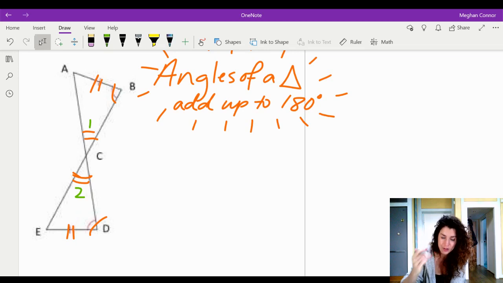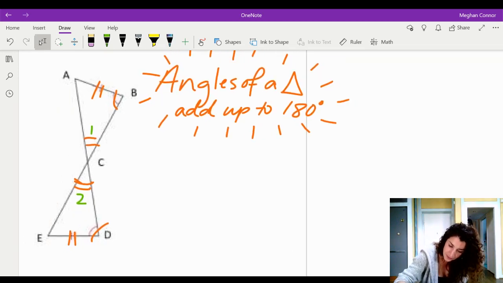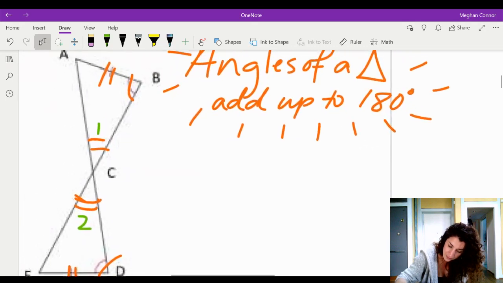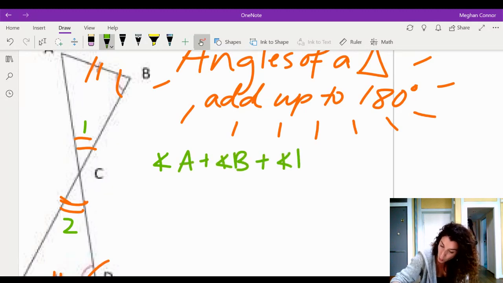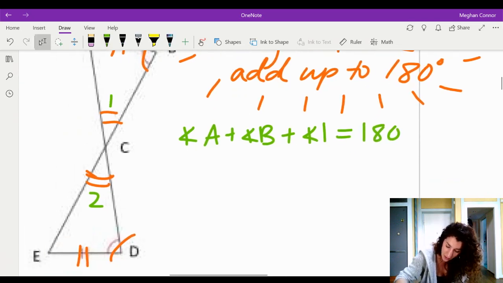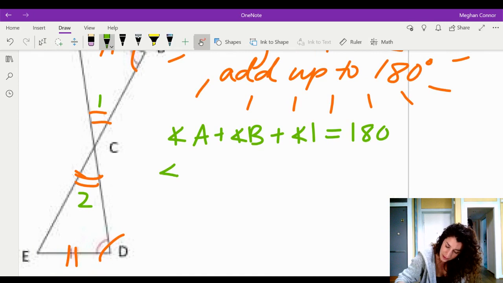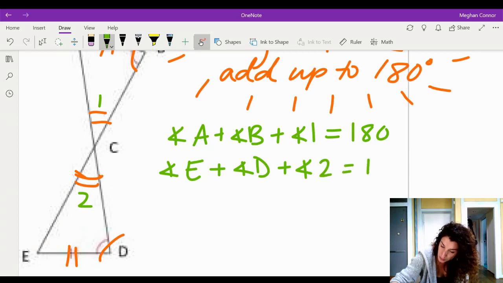Then here's how you show it in a proof. You would say that angle A plus angle B plus angle 1 equals 180. And then you would say the same thing about angle E plus angle D plus angle 2 equals 180.